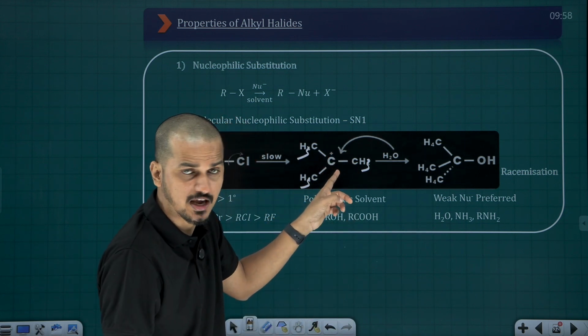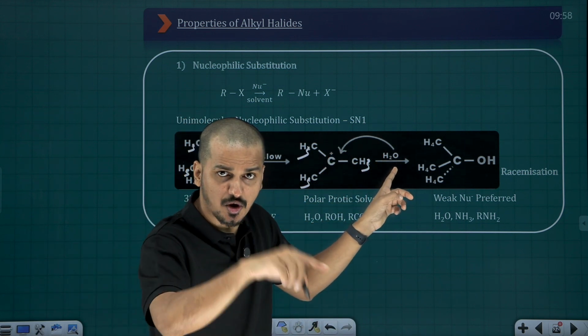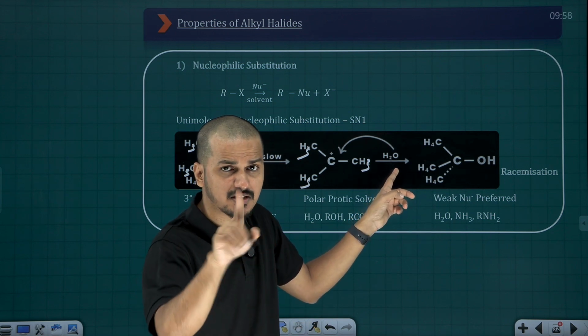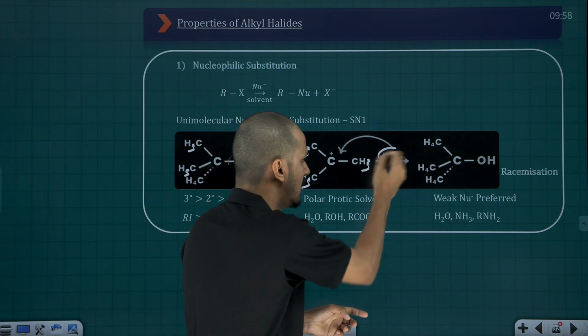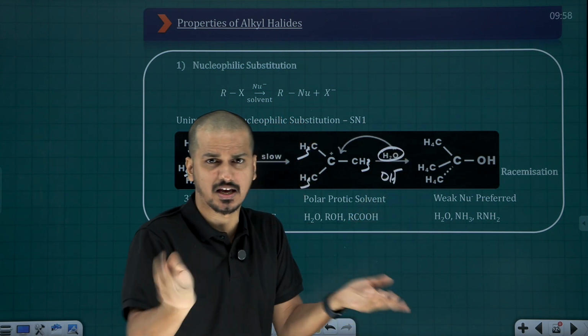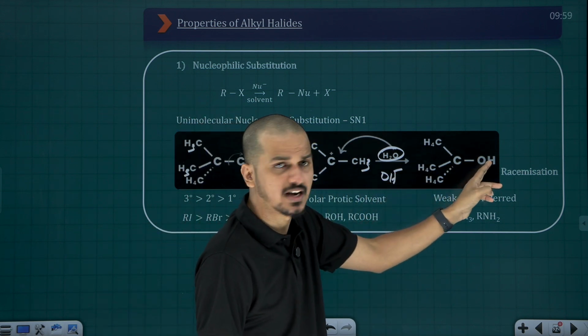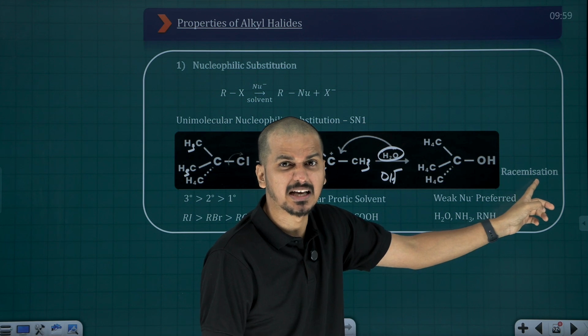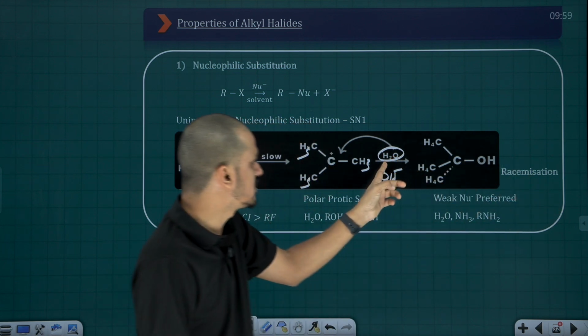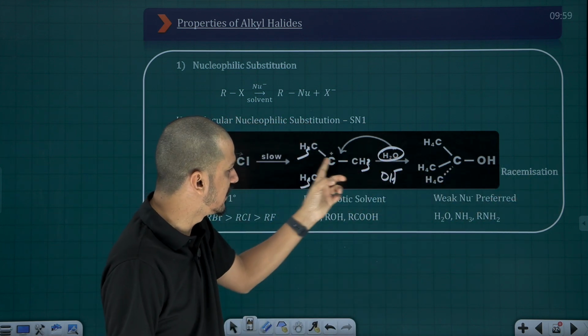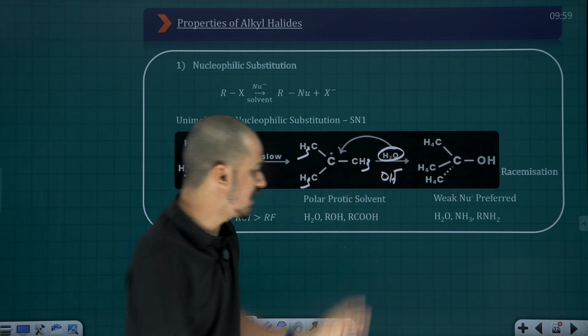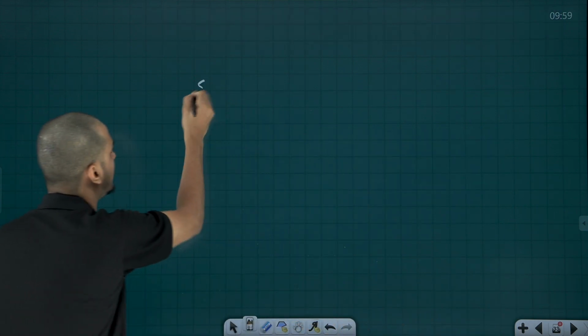Then when you add water, it can provide OH minus. You can also use an alkaline medium, OH minus. That OH minus will go and attach there. Here racemization is possible, that means the OH minus can come and attach either from the front or from the back.